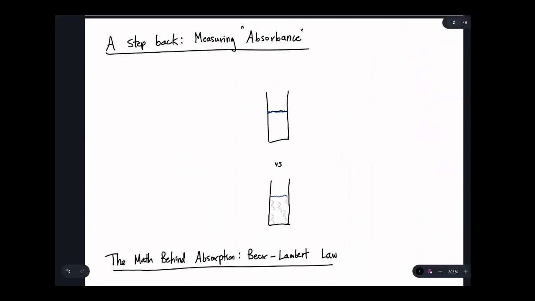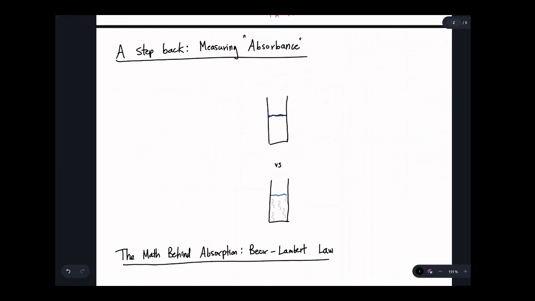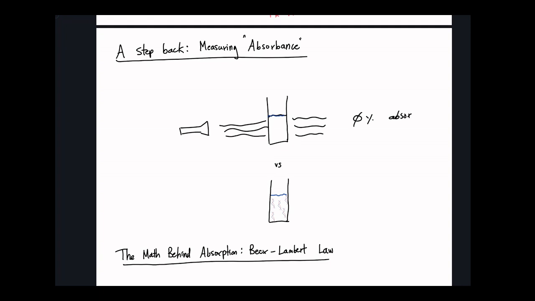Real quick, before we dig into that further, let's take a look at measuring absorbance. So the idea here, when we talk about absorbance, is that we're shooting some sort of flashlight through a sample, and we're measuring what comes out the other end. Here, we had no sample, so there's just water, and we'll assume that 100% of the light was transmitted, which means 0% absorbance. On the other side, right now we have a bunch of double-stranded DNA helices in our sample.